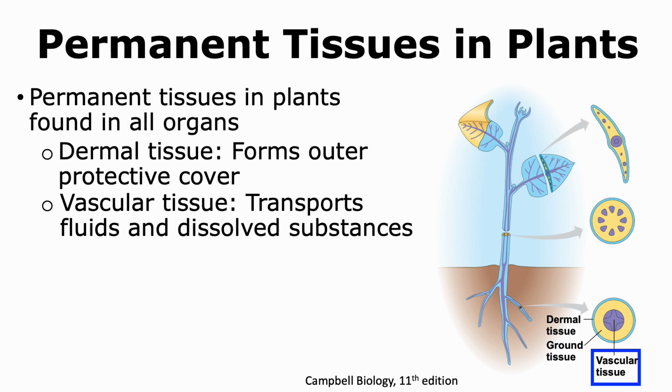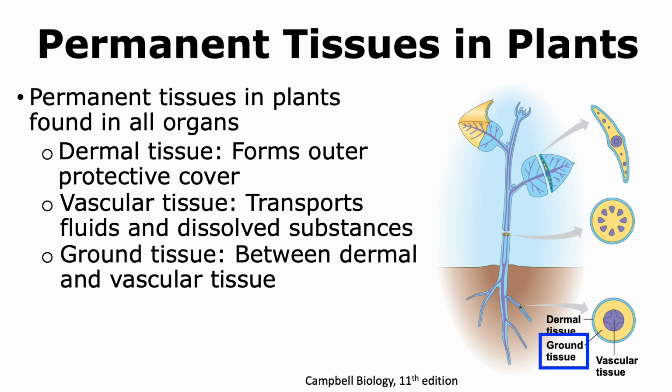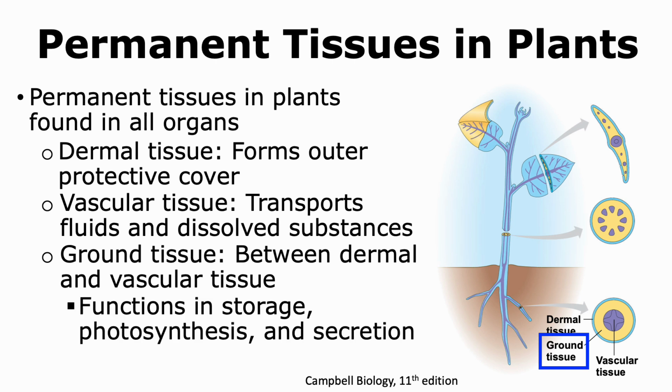The vascular tissue is the tissue that transports fluids and dissolved substances throughout the plant. The third type of tissue is the ground tissue, which is the tissue that exists between the dermal and the vascular tissue. The ground tissue can have a variety of functions, which includes storage of different types of material, photosynthesis, secretion of different compounds, etc.